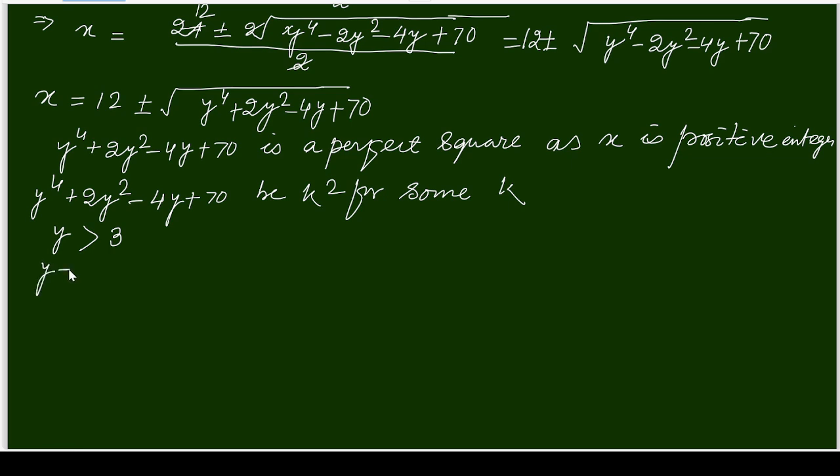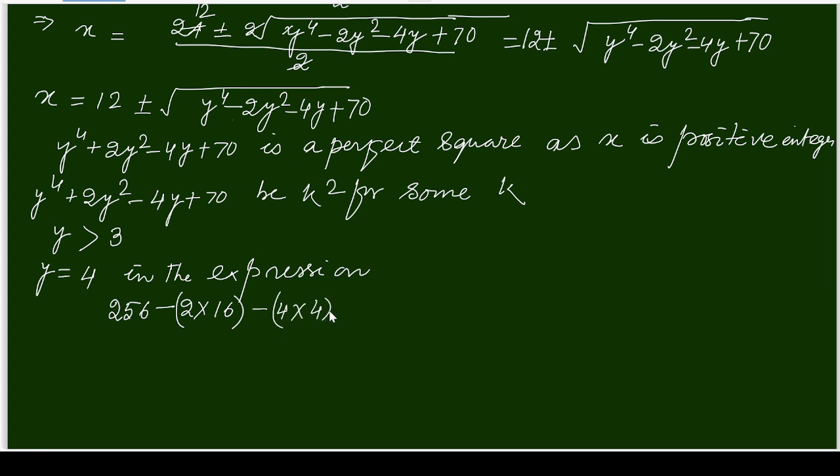I'm putting y equals 4 in the expression to find whether it is a perfect square. 4 to the power 4 is 256, minus 2 into 16, minus 4 into 4, plus 70.